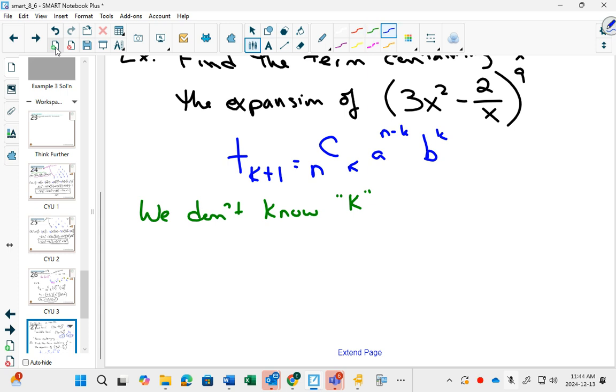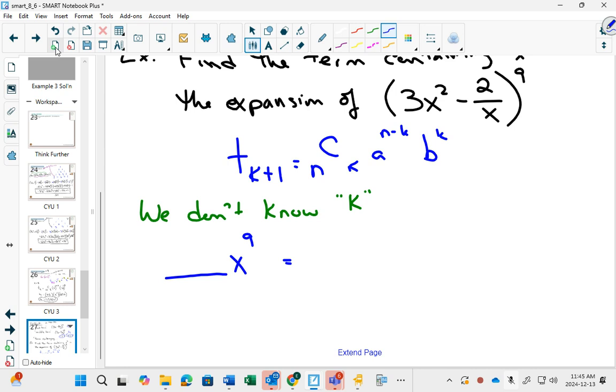So what we do is we go to our formula and we write out everything we do know. We do know that when we find this term, it's going to have an x to the 9. It's probably going to have a number in front. I'm going to just put a space there because I don't know what that number is.